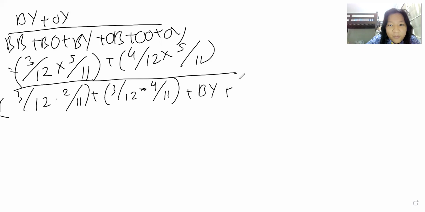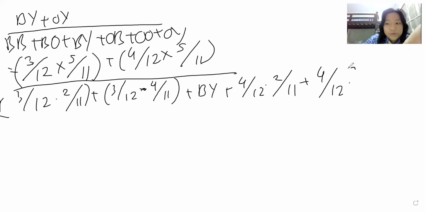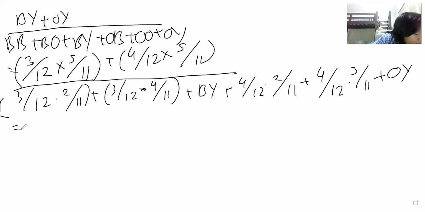And then 4 over 12 times 2 over 11 plus 4 over 12 times 3 over 11 plus orange yellow. In short, the result is 15 over 12 times 11.